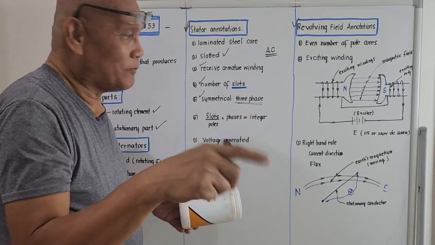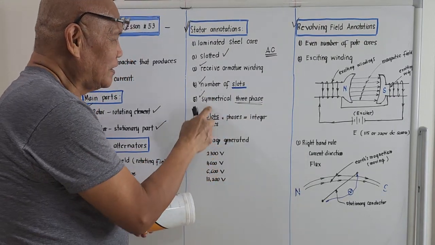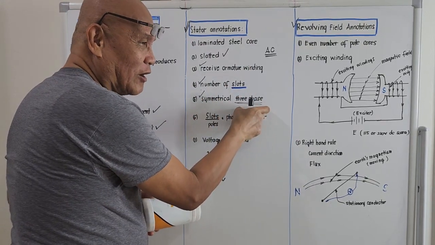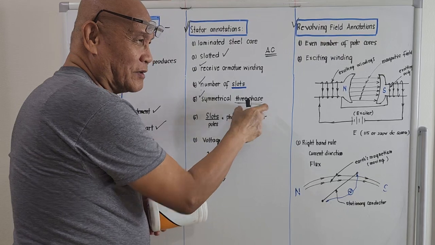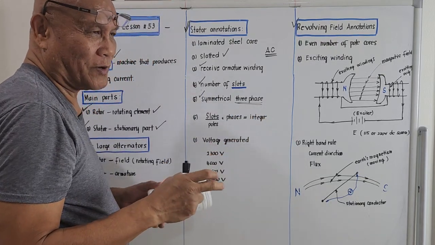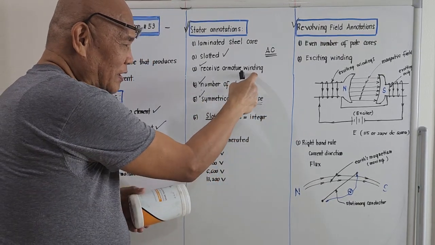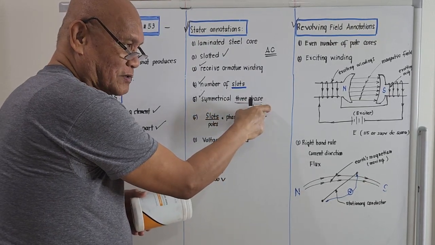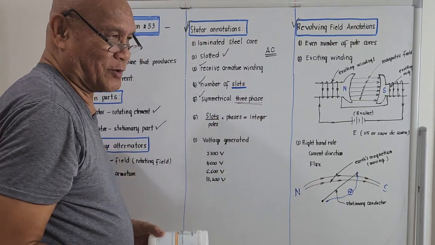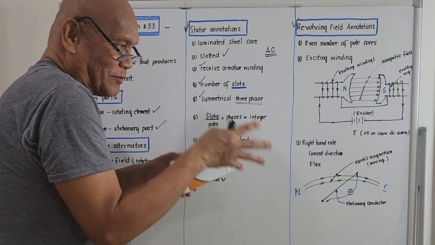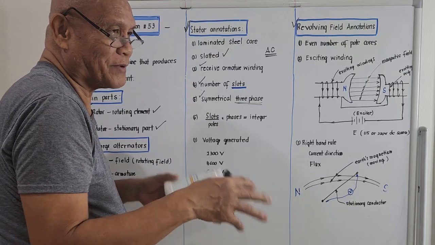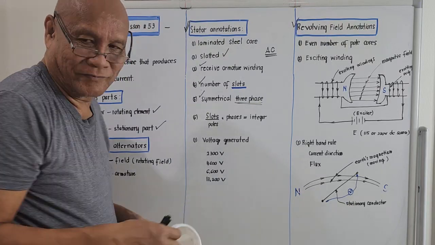For it to be very big, the number of slots should give us a symmetrical three-phase output voltage. There is a certain number of slots which will give us a symmetrical three-phase. It should be three-phase. It should not be single phase, because it's not economical. We are talking megavolt ampere here, right? Megavolt ampere.